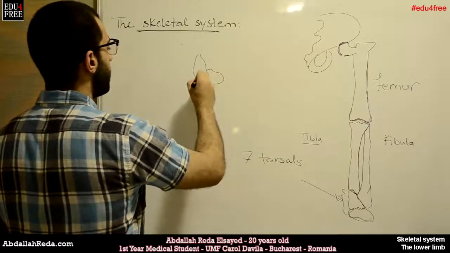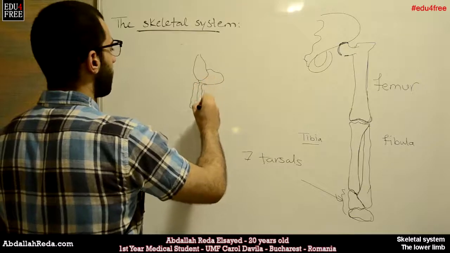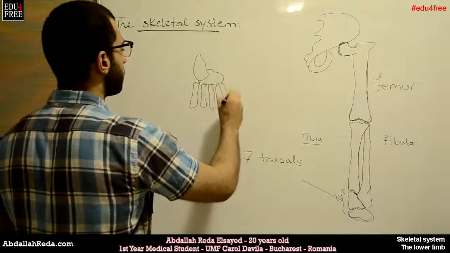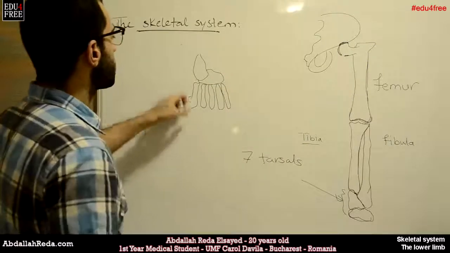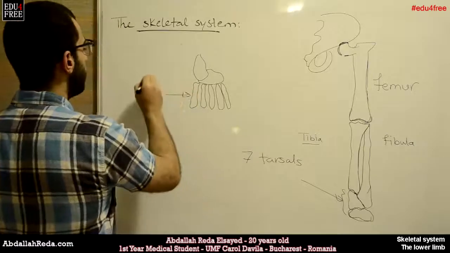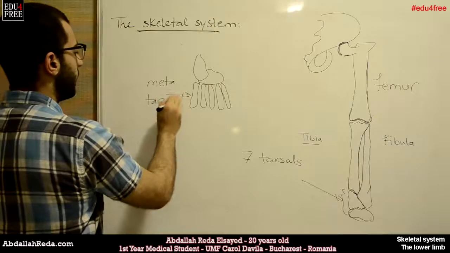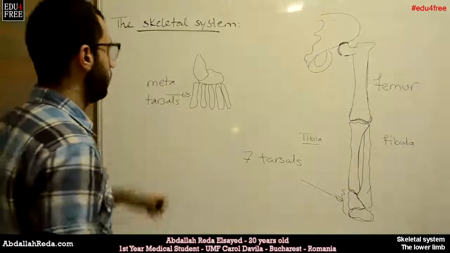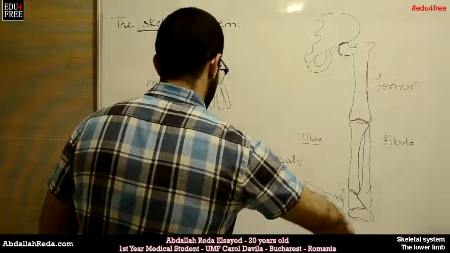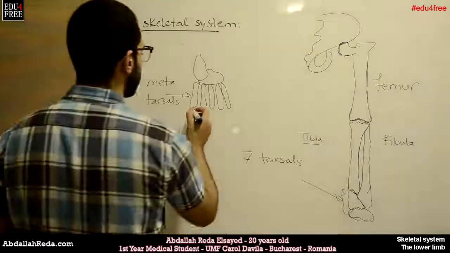after the tarsals, we have the bones that form the sole of the foot, like this. These are called the metatarsals, like metacarpals, and there are 5 bones. And after the metatarsals, we have the phalanges.